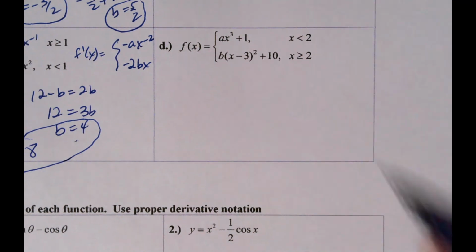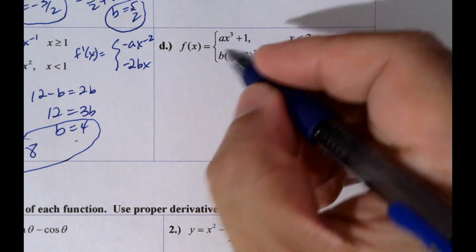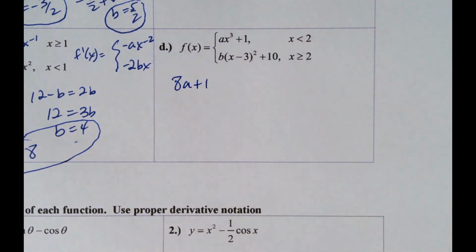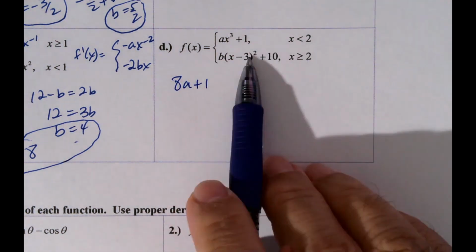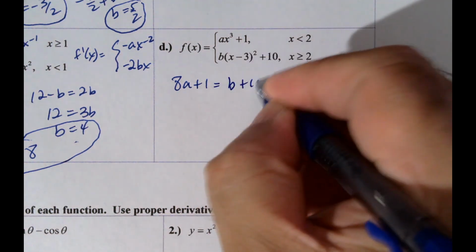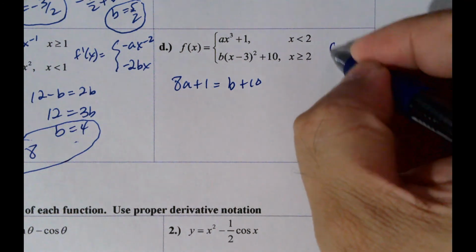Plugging in 2 into both of them again. All right, so that's 8a plus 1. And plug 2 into that, and I get negative 1 squared, which is positive 1, so it's just b plus 10. All right, now we take the derivative.